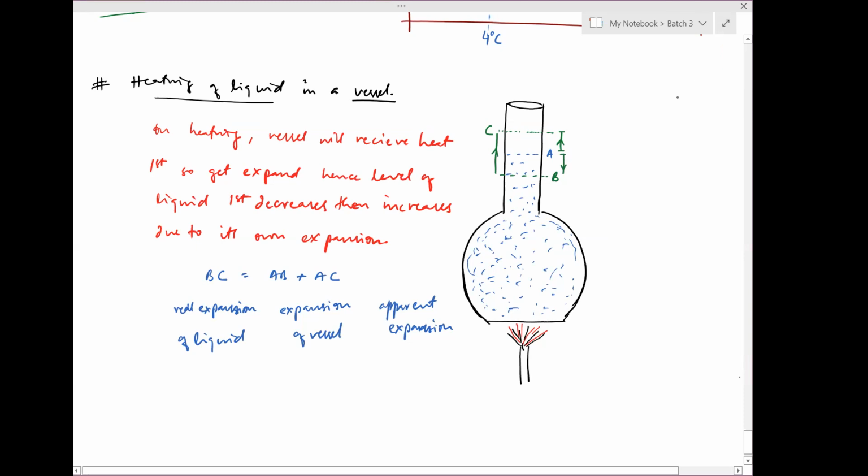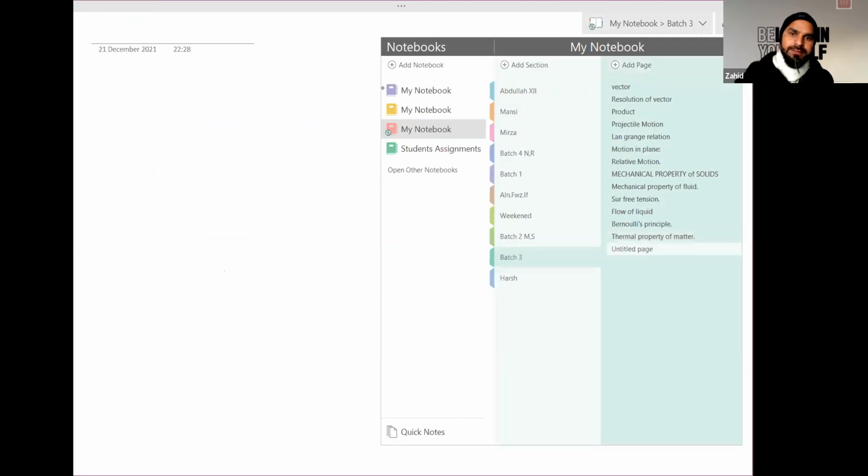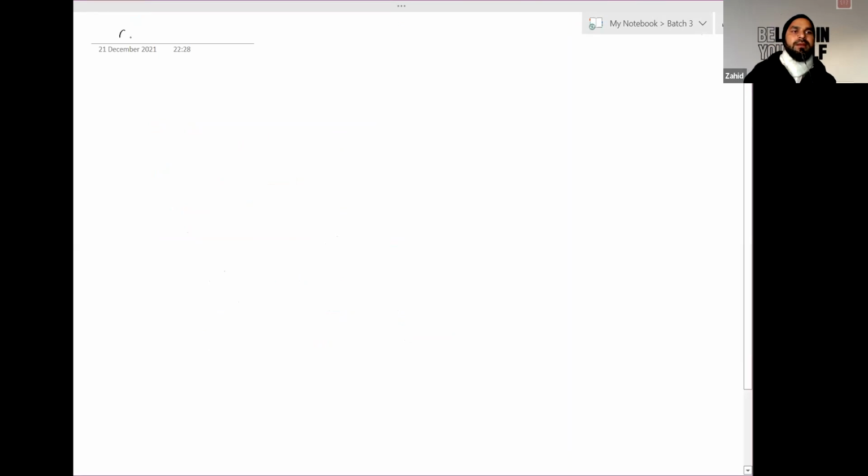Okay. So this is all about expansion or thermal expansion of solids and related problems. Next topic in this chapter is calorimetry. Calorimetry is simply the study of exchange of heat between any two different objects or two systems, which results in change of temperature or change of their state.